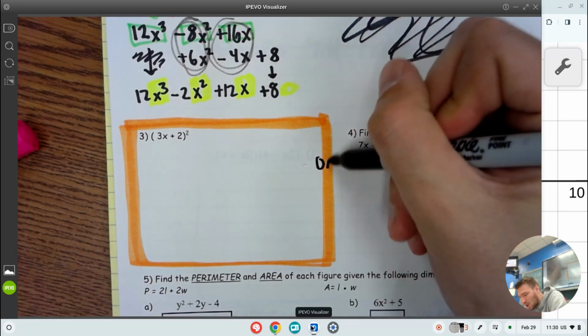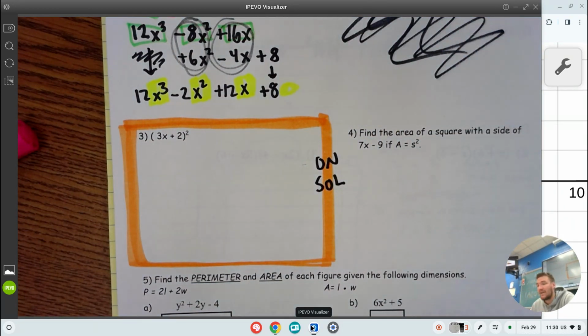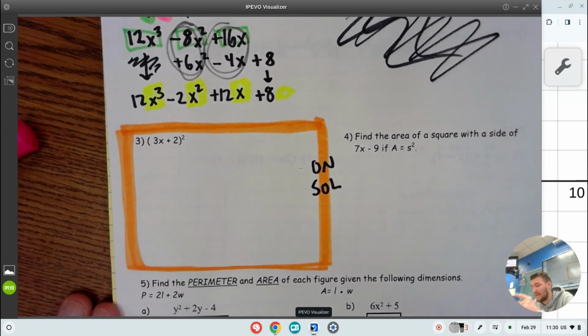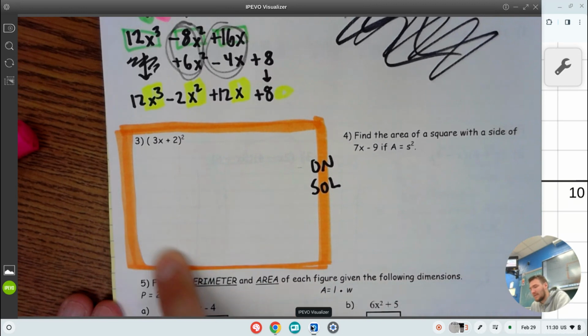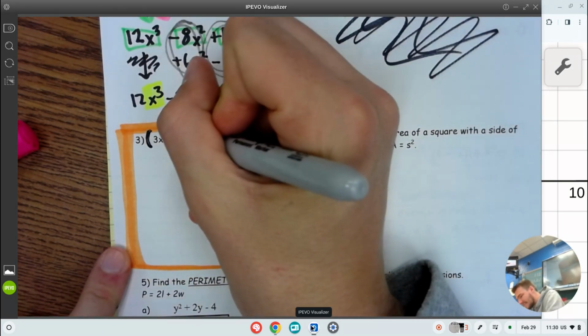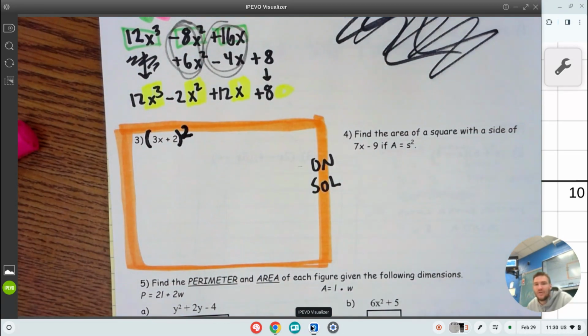Definitely on the SOL. And I'll tell you right now, we are in the second half of the class. We have one priority, SOL test. So I'm going to put a little box on here, okay? We have parentheses, and we have a squared on those parentheses.